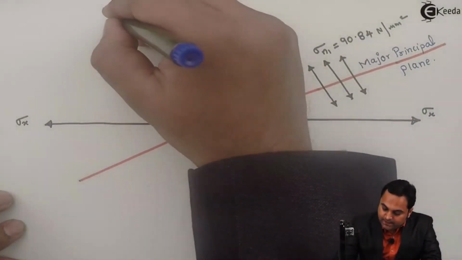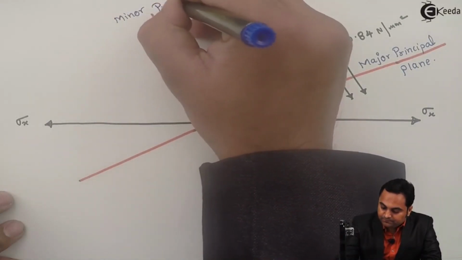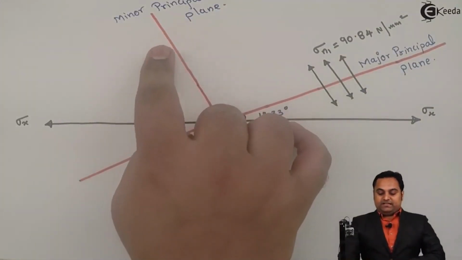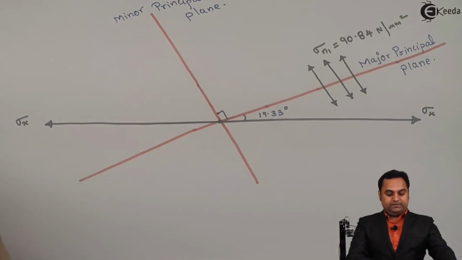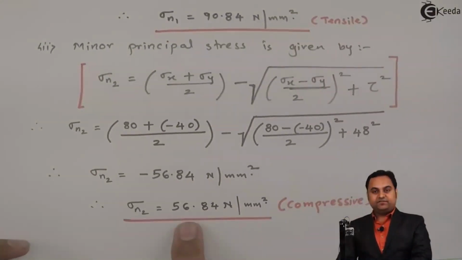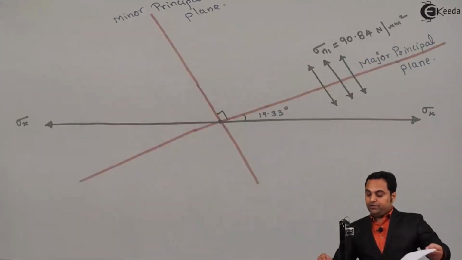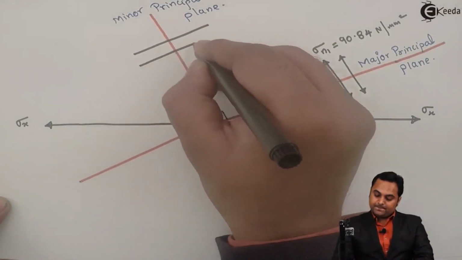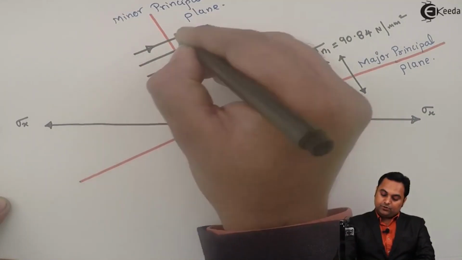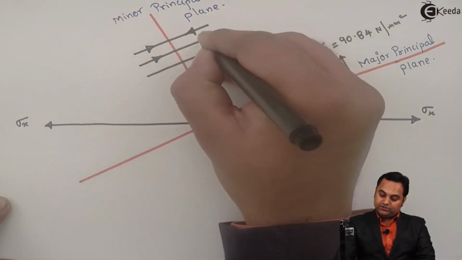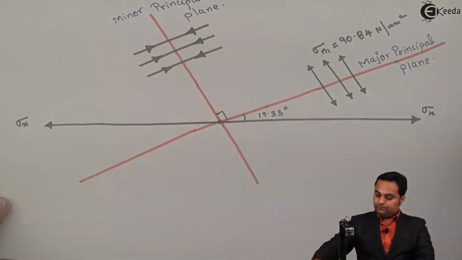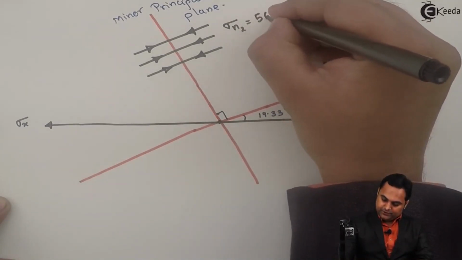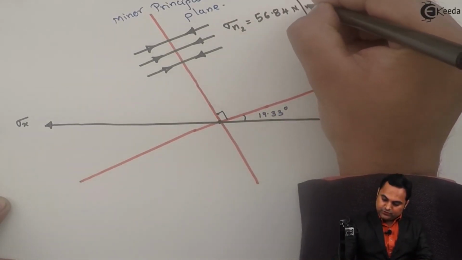So this is the minor principal plane. Now this minor principal plane will carry sigma n2, and sigma n2 was compressive, having value 56.84 Newton per mm square. So on this minor principal plane I am denoting the stress as compressive. Arrows are pointing towards the plane. The value of stress is 56.84 Newton per mm square.